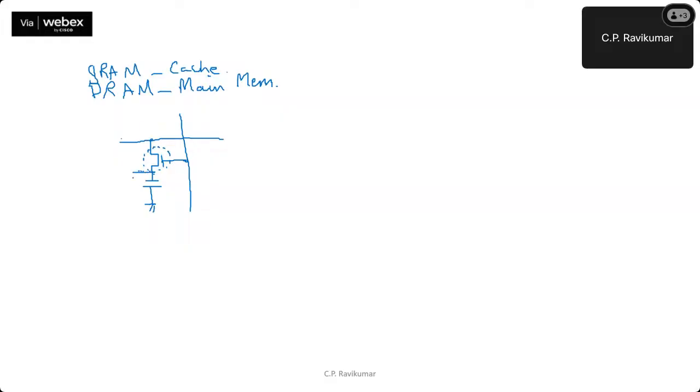Let us say the capacitance has a very high parallel resistance. This may be very large, but it can still cause the capacitance to leak away the charge. So DRAMs are refreshed periodically. There is a refresh cycle that is constantly done in order to make sure that this capacitance gets charged again.